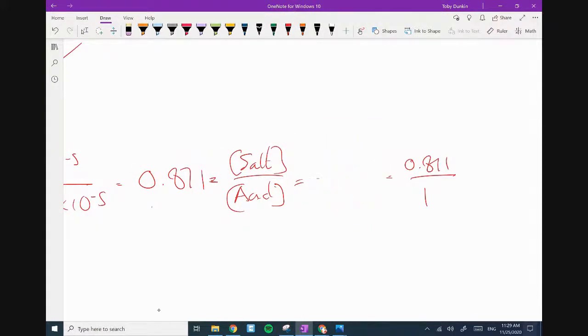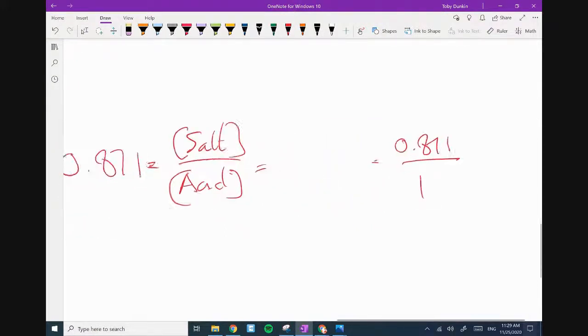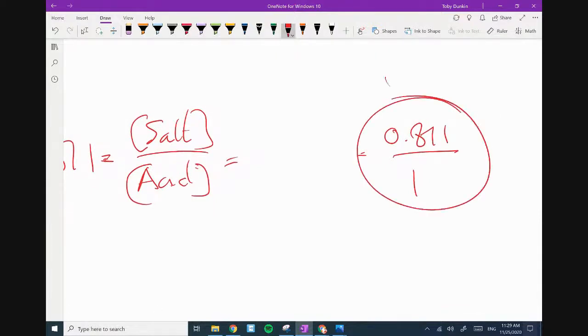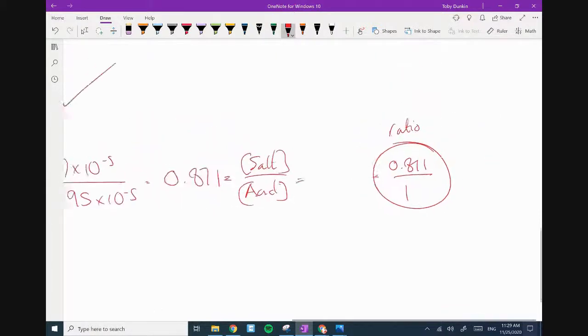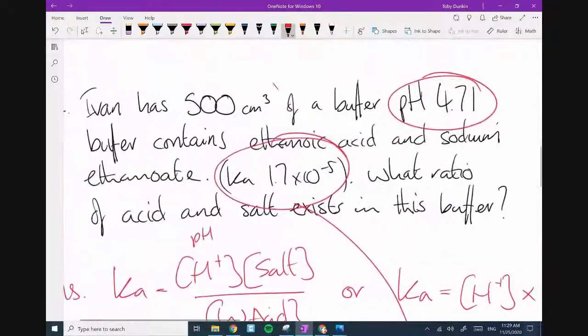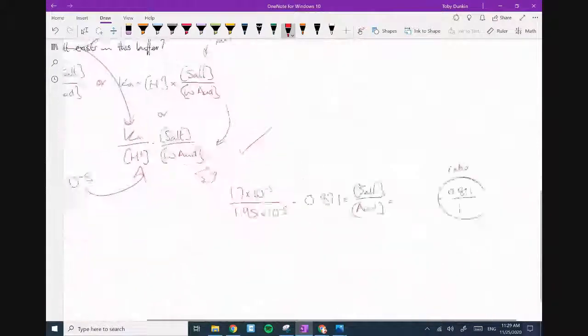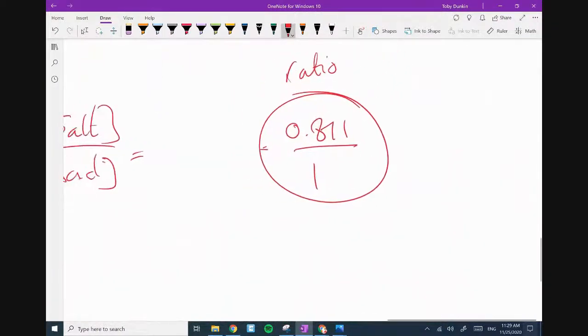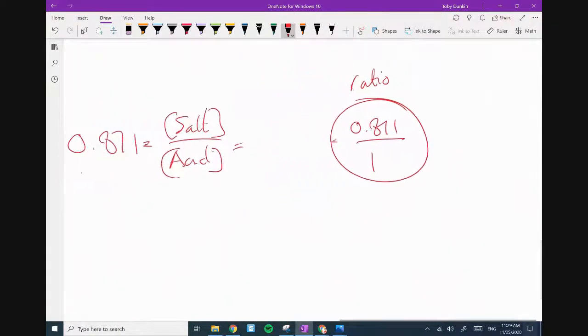Right, now here's a question. Now that we've got the ratio, this is the ratio, it's not the true concentrations. Considering we were given a volume in the question, 500 centimeters cubed, could we work out their concentrations as a result? We could, right?